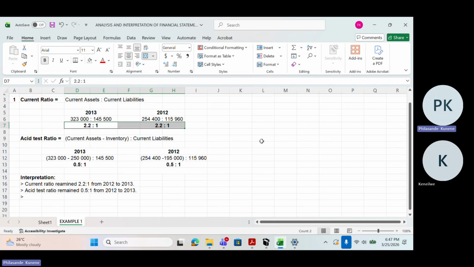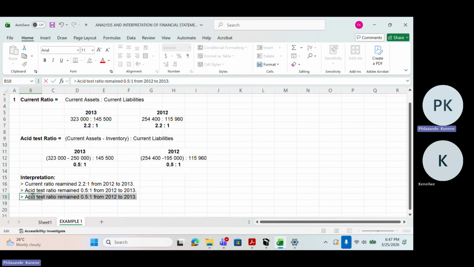Even though there is no improvement from the previous year, it indicates that the company will be able to meet the short-term obligations. Okay, so that's all we need to state now.